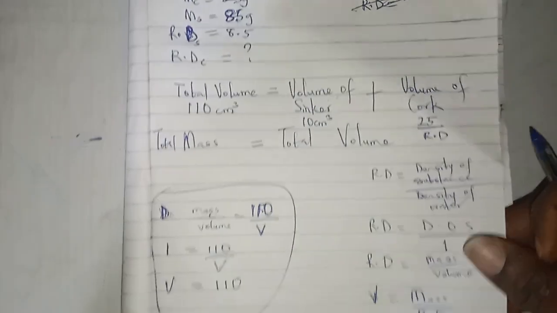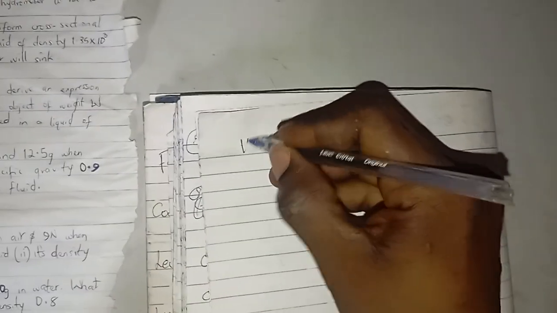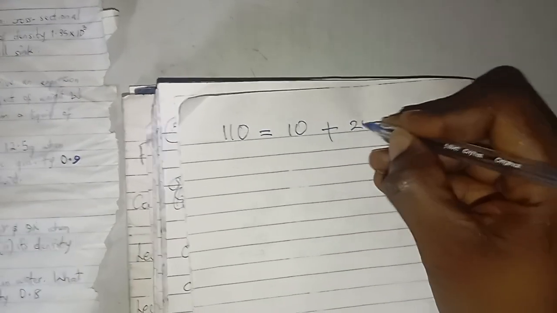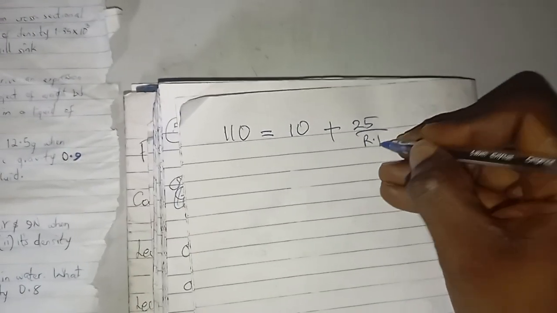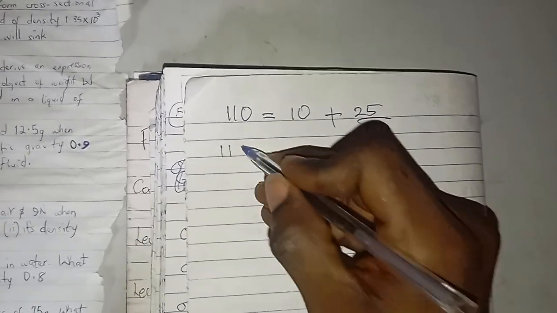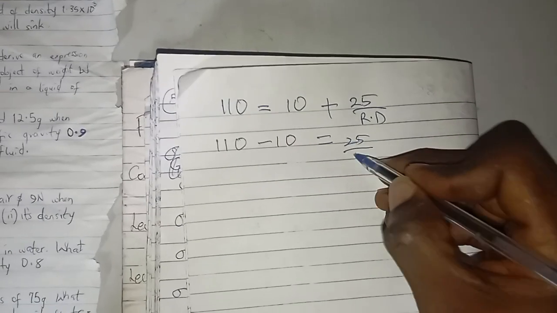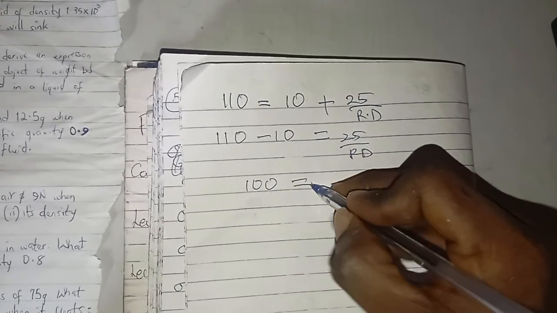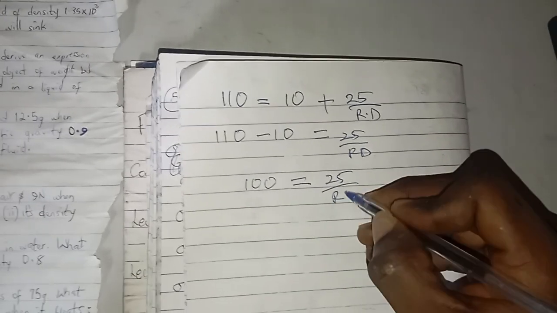So let me put this out to another space so I can complete it. So I now have 110 equals to 10 plus 25 over relative density. Whichever way you do this, you end up doing 110 minus 10 equals to 25 over RD. So this is 100 equals to 25 over RD.